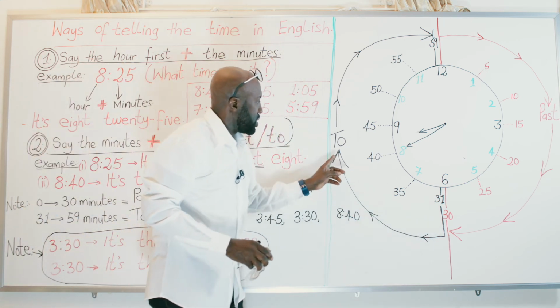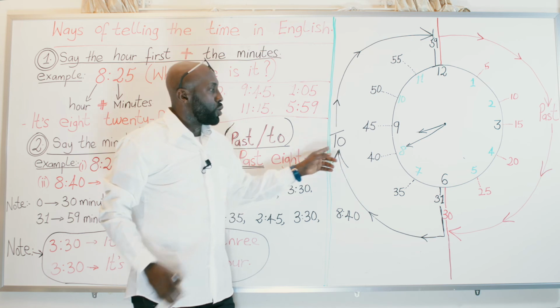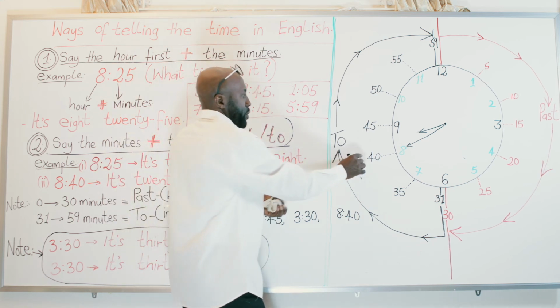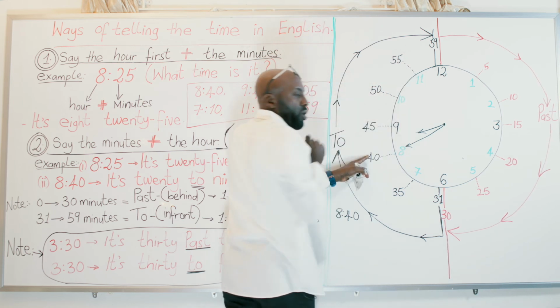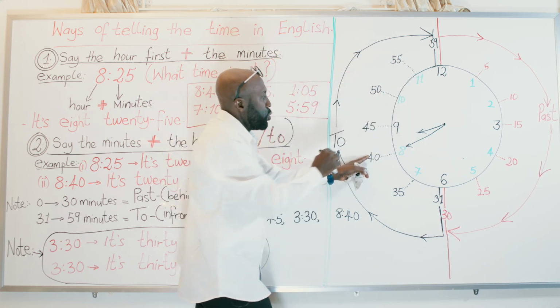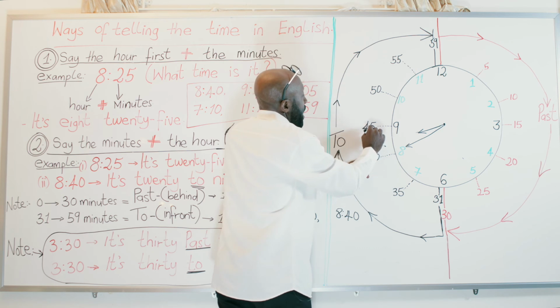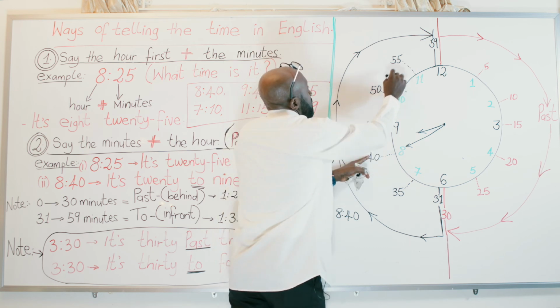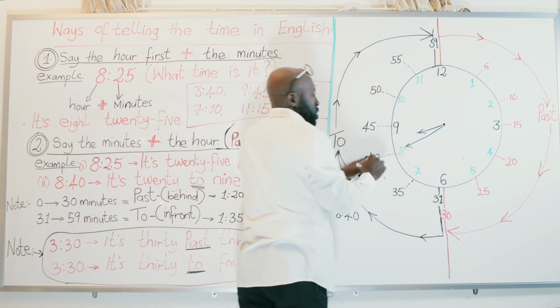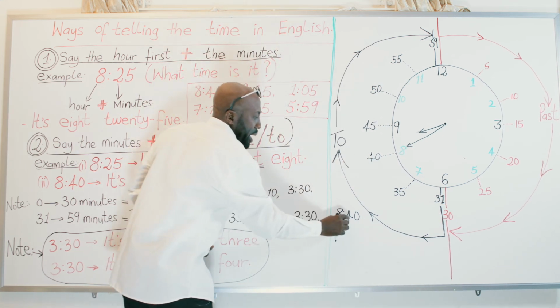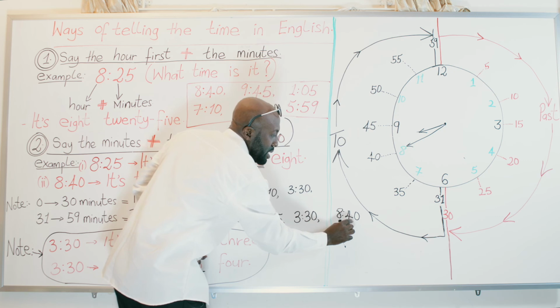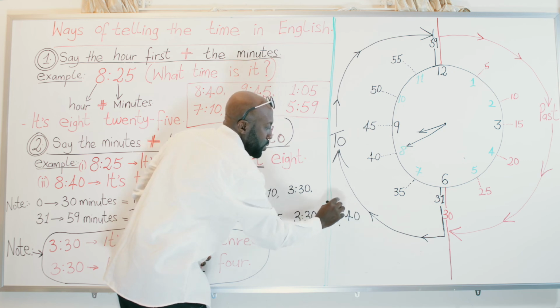this 40 is already at the area of to. So how many minutes from here are you going to add to get to 9 o'clock? How many minutes? So you see that you are going to add 5, 10, 15, 20 minutes to get to 9 o'clock. So you say 20 minutes to 9.